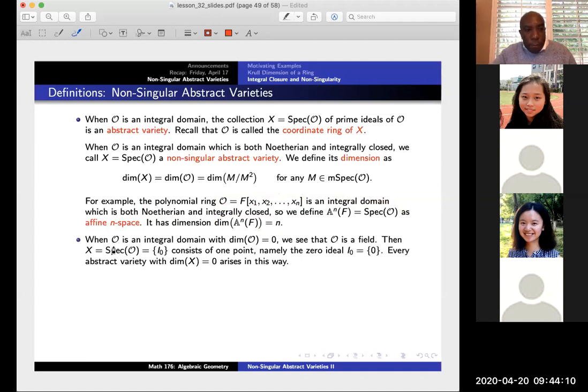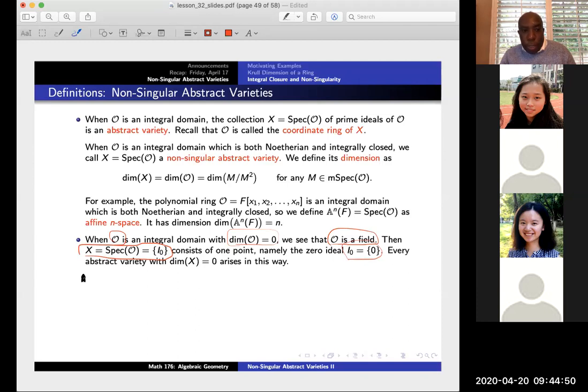Let's say that we have an integral domain O where the dimension is 0. We realized before that such an O has to be a field. If you have a field, then that's clearly going to be Noetherian and integrally closed, because there's really nothing to check. And in this case, for our field, there's only one proper ideal, namely the 0 ideal. So spec in this case consists of one point.